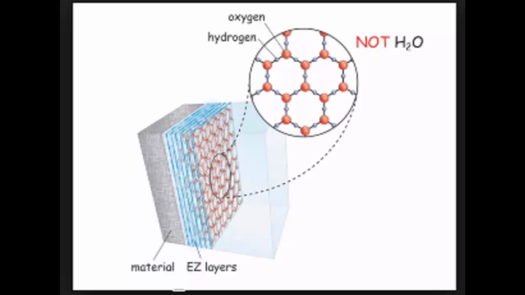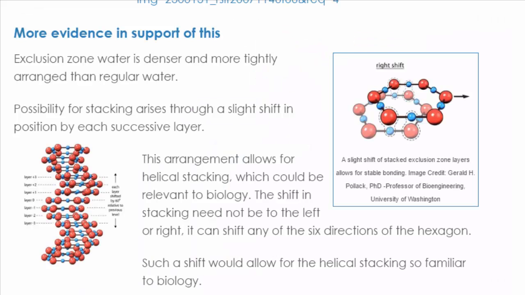This picture shows the EZ layers and the fact that they are in hexagon compression patterns, and they are in the vertical position. That is the picture. So far we have vertical structures which are showing compression hexagons. Next we have the exclusion zone has an arrangement which allows for helical stacking, which could be relevant to biology.